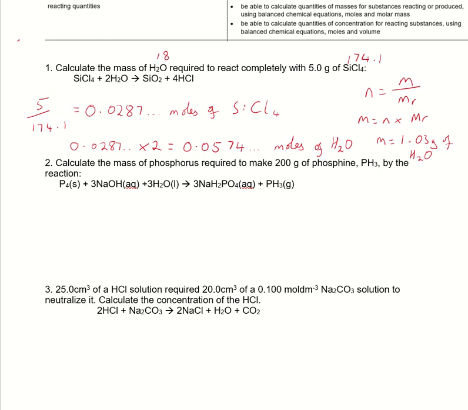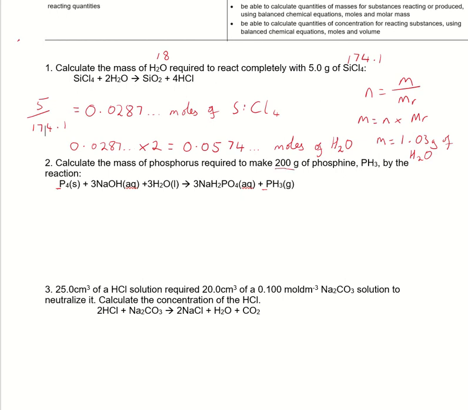So if I want to work out the mass of phosphorus required, then first off, across my product here, I need to know how many moles I'm wanting to make, because then I can look at that 1-to-1 ratio that we've got here. And however many moles of phosphine I want, that's the same amount of moles of the phosphorus that I require.